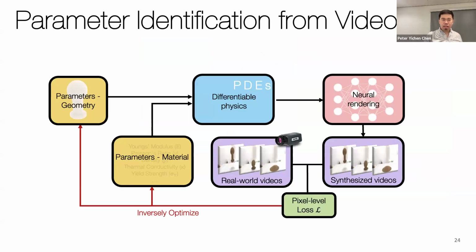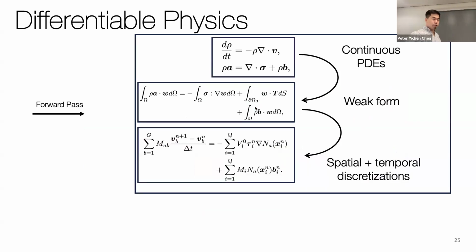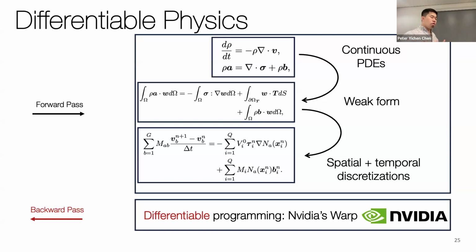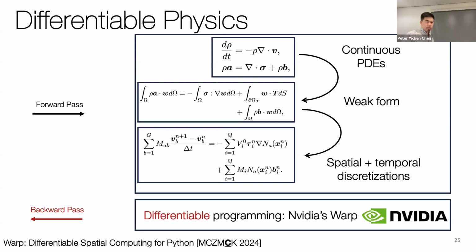The reason we can do this is because this entire pipeline is differentiable, both the rendering part and the differentiable physics part. So this differentiable physics part, essentially, there's really no neural network here, right? This is just your traditional numerical PDE solvers. You write down the equation, you write down the weak form, you discretize it properly. This is the traditional solver, but we also leverage differentiable programming to do this backward pass. In particular, in this case, we're leveraging NVIDIA's work to do this.